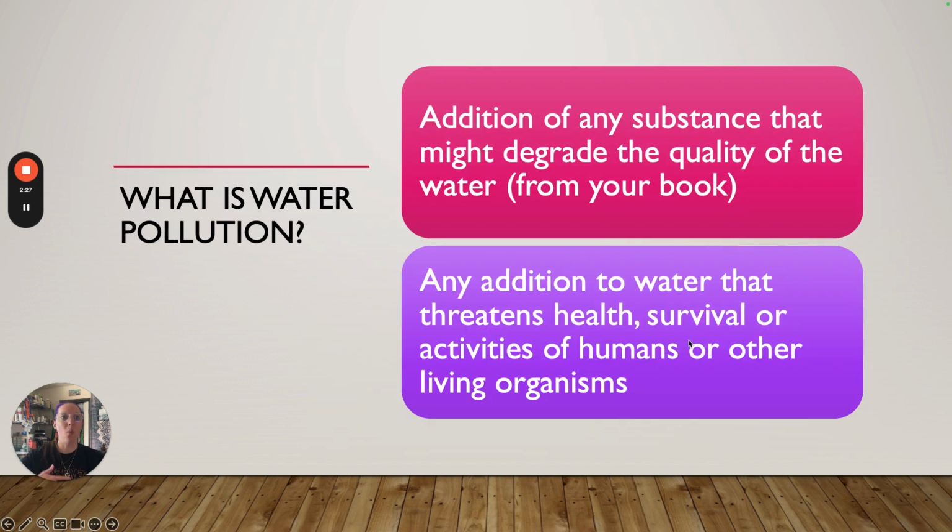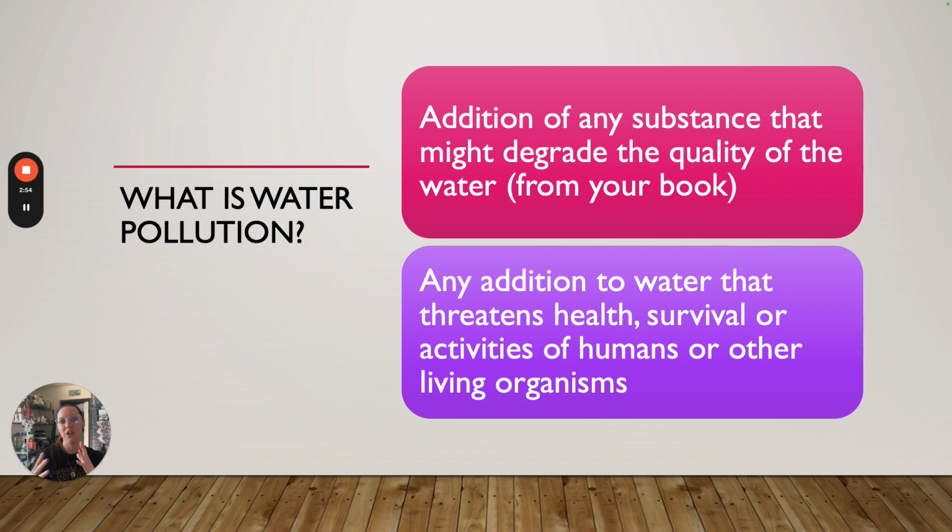So what is water pollution? There are 2 definitions here, and the top definition is the one from your book. That means there's an addition of any substance that might degrade the quality of the water. But I kind of like the second definition, which describes water that threatens the health, survival, or activities of humans or other living organisms.